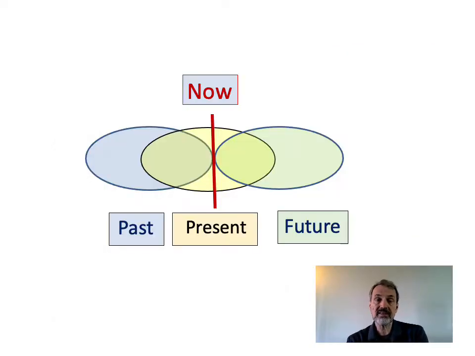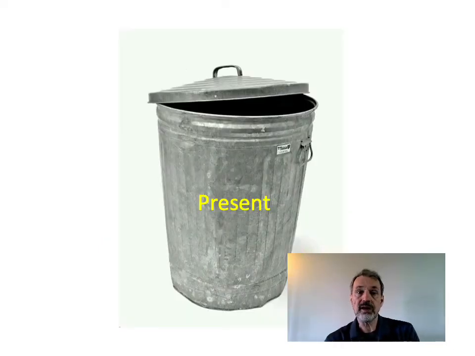So, in fact, the simple present tense actually overlaps or shares time with the simple past and the simple future. This means that what happens in the present may have started in the past and may continue into the future. Now, in English, the simple past and the simple future are simple.